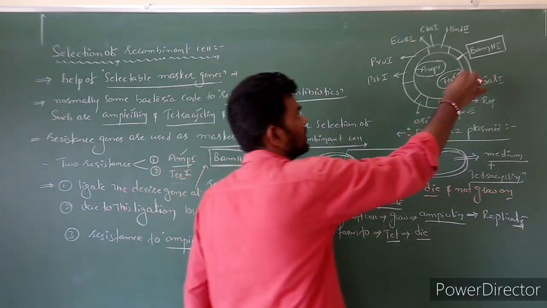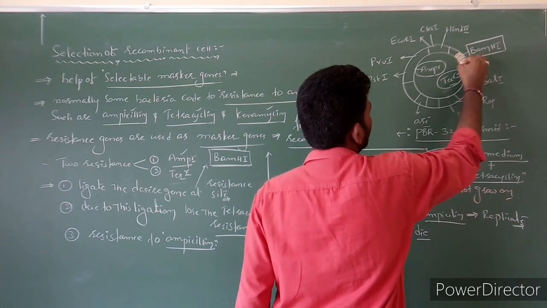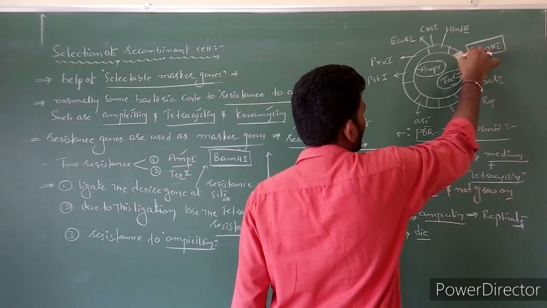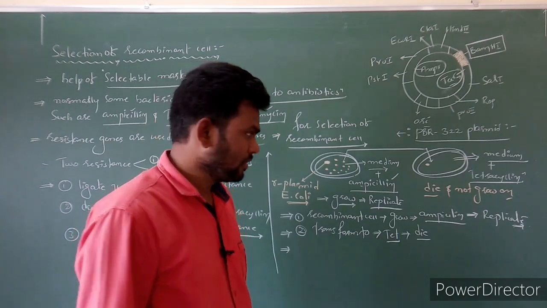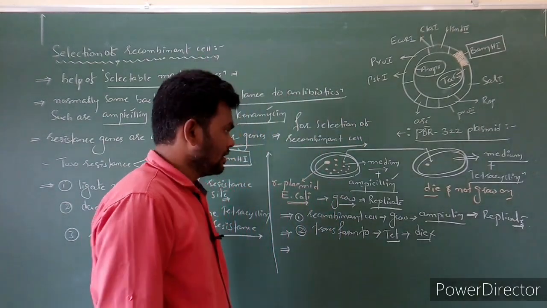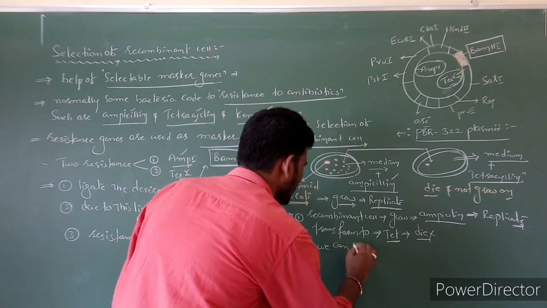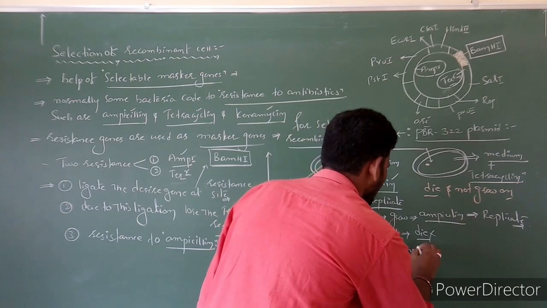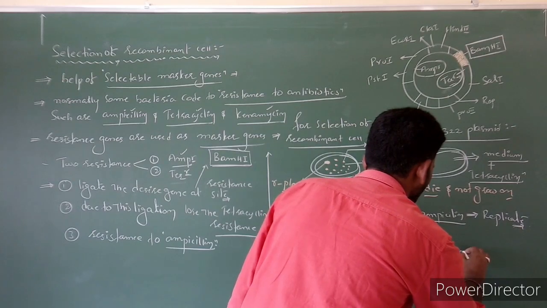Because we already added the desired genes in this tetracycline region, so it is not going to code for resistance power to the tetracycline. So due to that, what happened? It dies. Okay. So by this process, we can select transformed cells, transformed or nothing but recombinant cells.